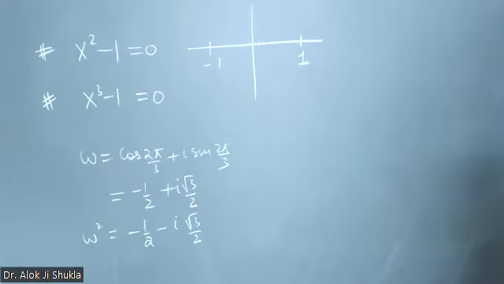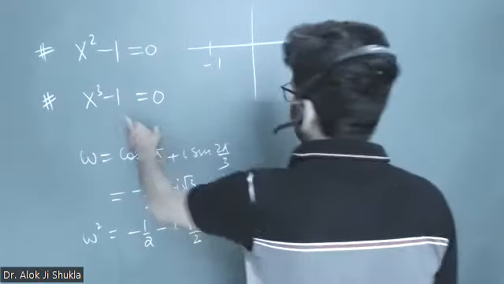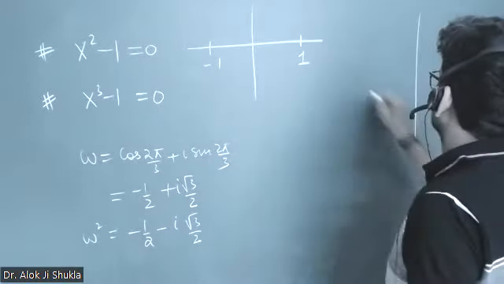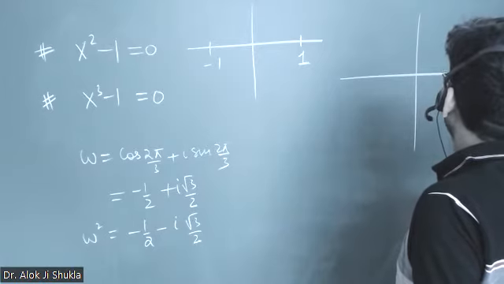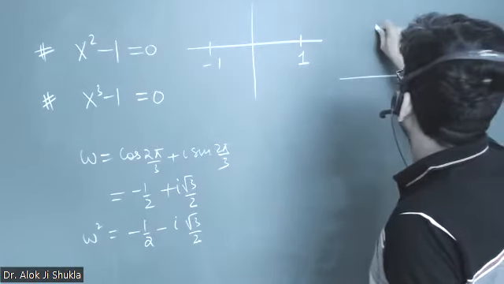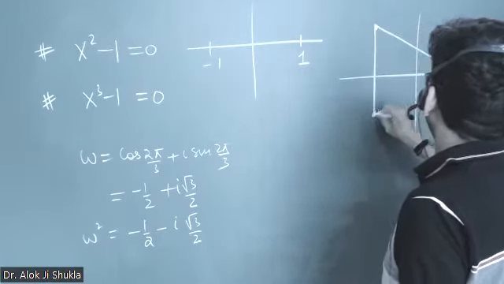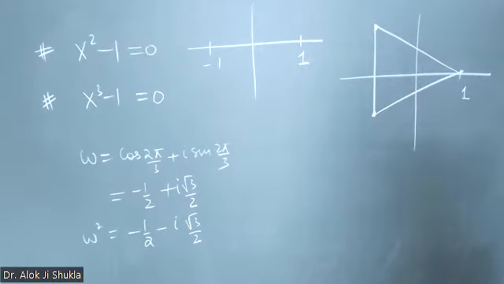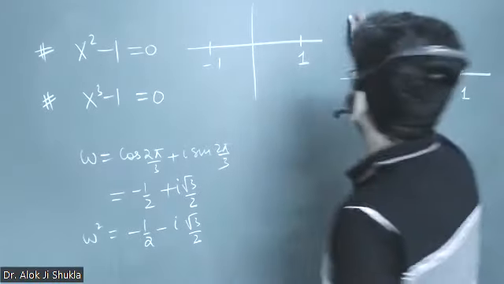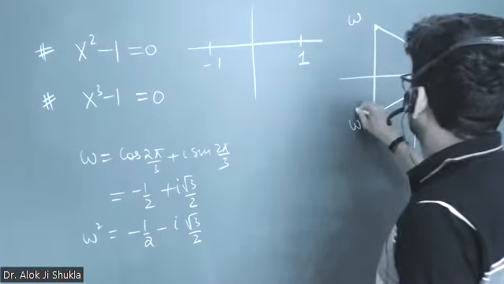On the argand plane. And how will this look? 1. Then this value, this is omega. This is omega square.